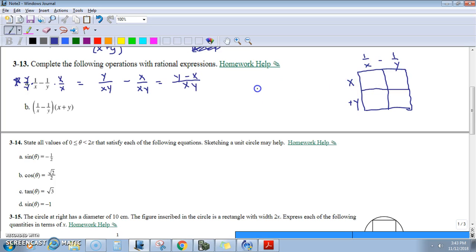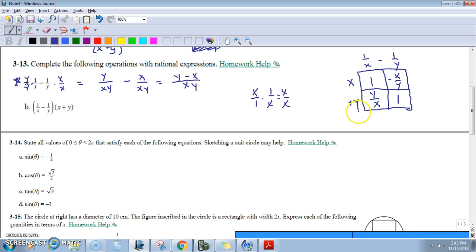If I have x over 1 times 1 over x, I get x over x, and anything over itself is just 1. So that's going to be 1, and this one's going to be 1. And this is going to be negative x over y, and this one's going to be positive y over x.